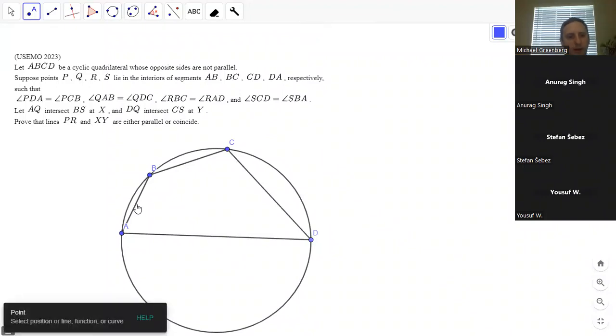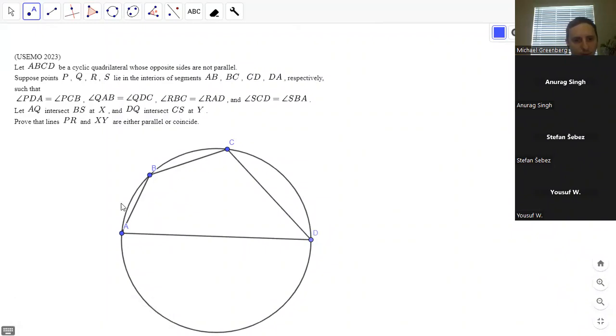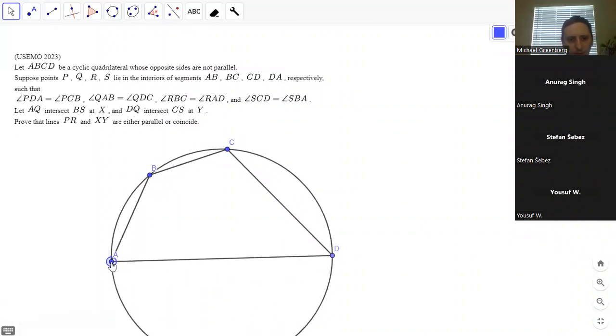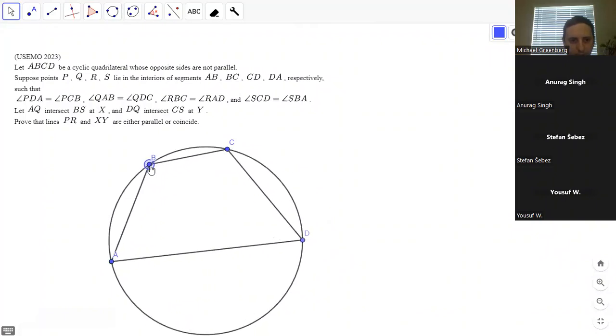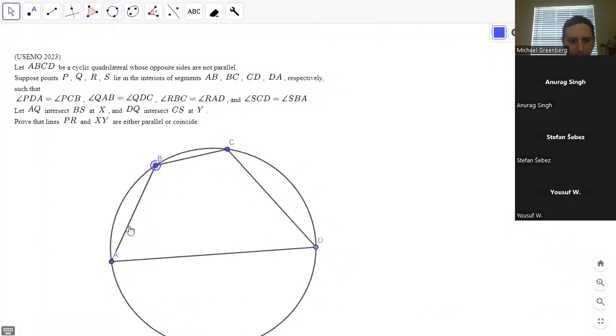So how do we, that basically means, yeah, what's the best way to try to find that point P? PDA equals PBC, and we want it to be on this segment.